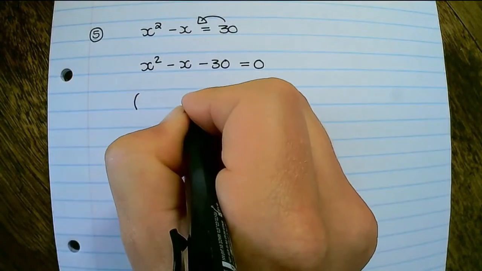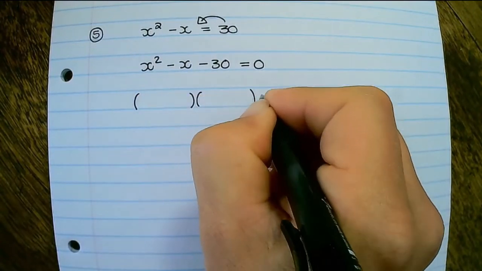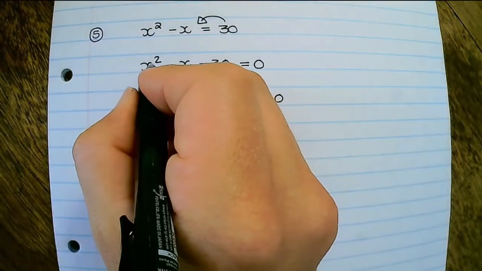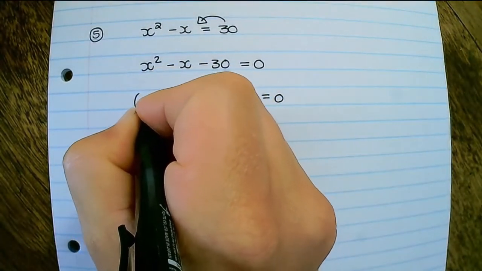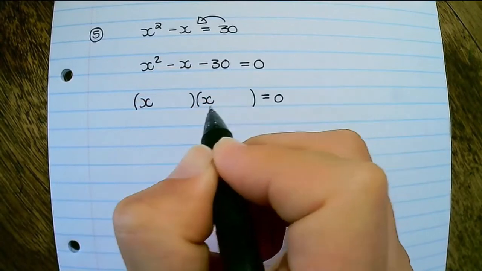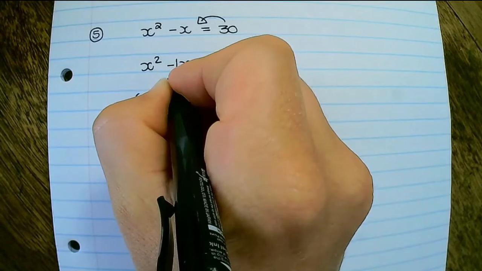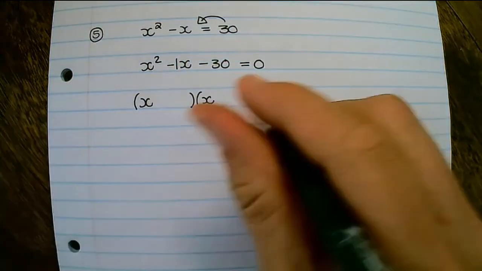And I hope that you're comfortable to see when you can factorize. So I have 2 values of x, so x and x. And I need to use the factors of 30 to create a -1.